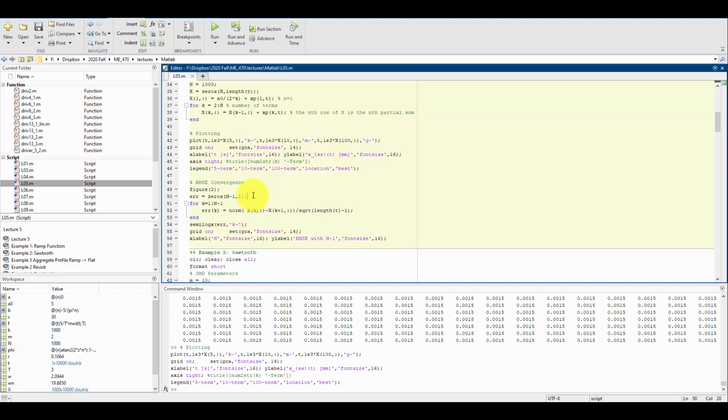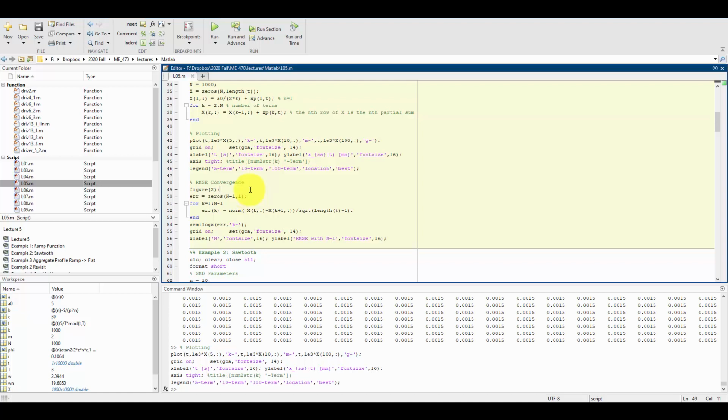I don't have the closed form solution because, well, that's what I developed, is a closed form solution, but that uses an infinite number of terms. So if you use an infinite number of terms, then yes, I do have the exact closed form solution. But how do I know when I've used enough terms that my error is going to be sufficiently small? That's where we'll use an RMSE convergence.